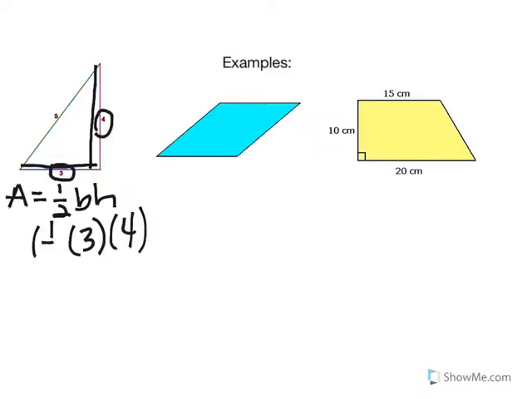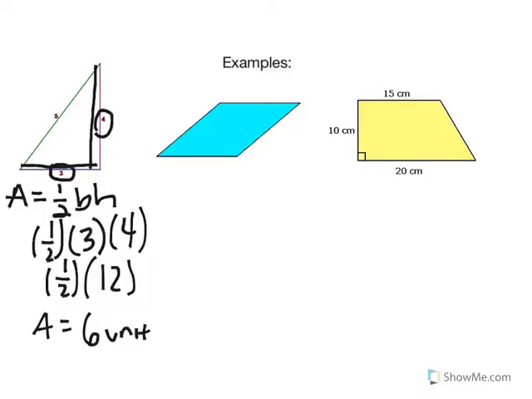So 3 times 4 is 12. 12 times 1/2 is 6, okay? So now we don't have any units here, but if we were to say that it was units, we'd say units squared, okay? Okay, so the area is 6 units squared.